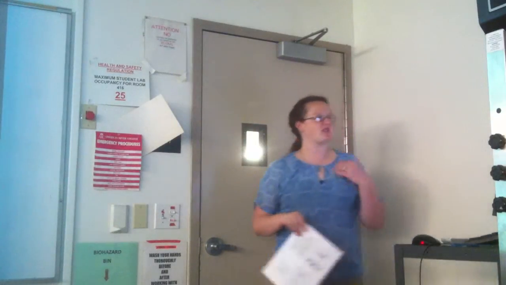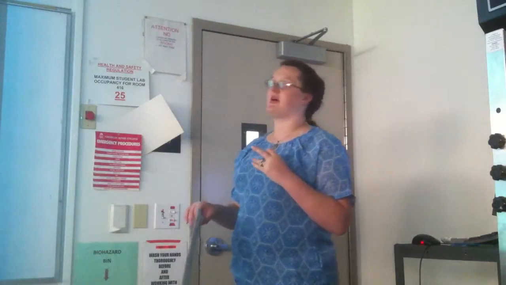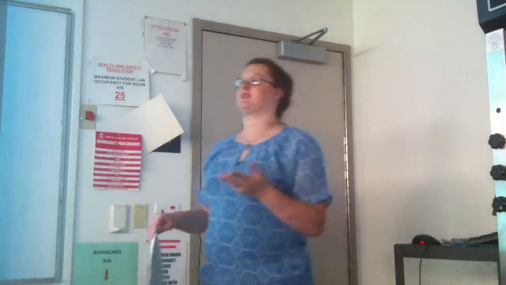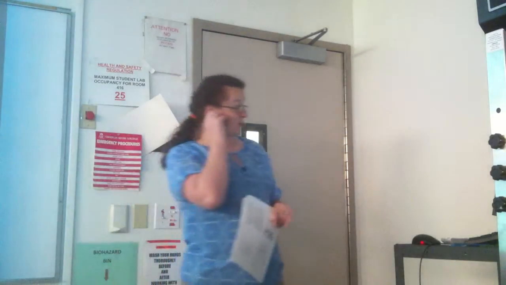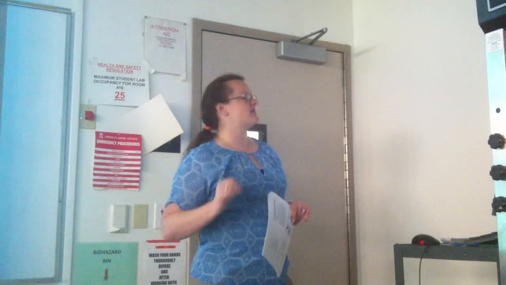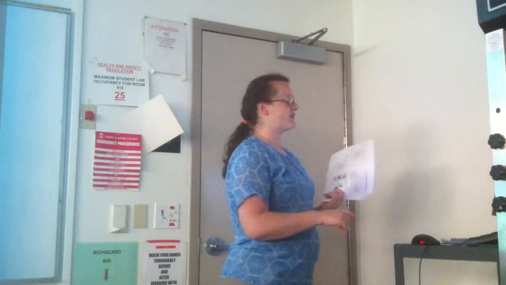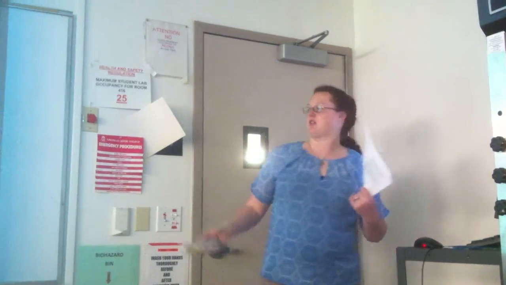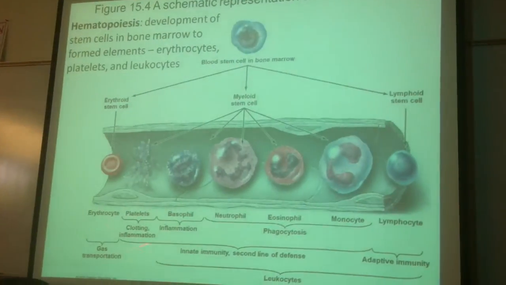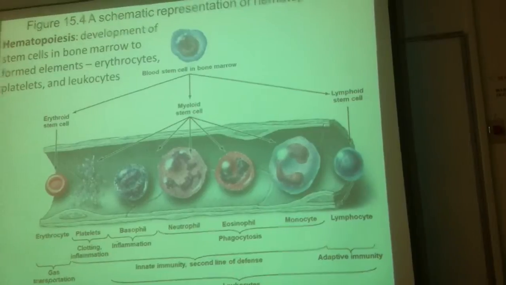So they all come from the same basic stem cell, the blood stem cell in bone marrow. Our bone marrow is what makes it, so problems in your bone marrow cause issues. Stem cells develop in bone marrow to form elements, generally our leukocytes, erythrocytes, and platelets.